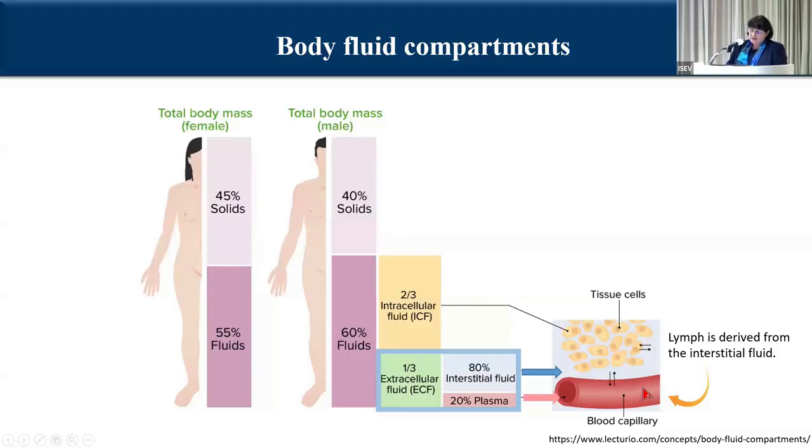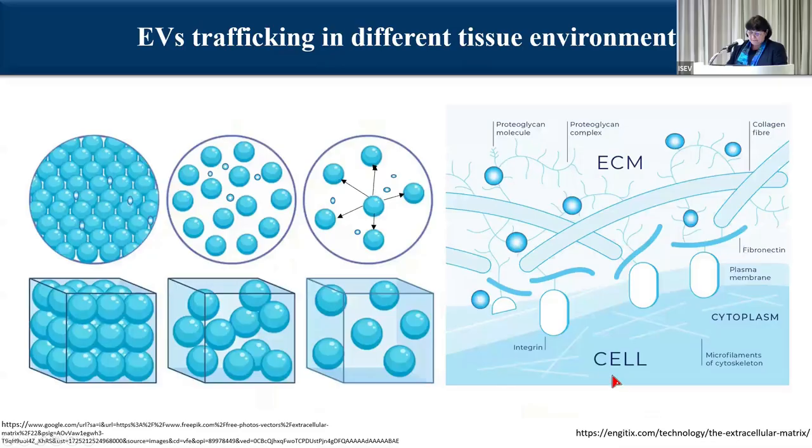So indeed, we should remember that most probably tissue-derived vesicles are very important components of blood plasma EVs.